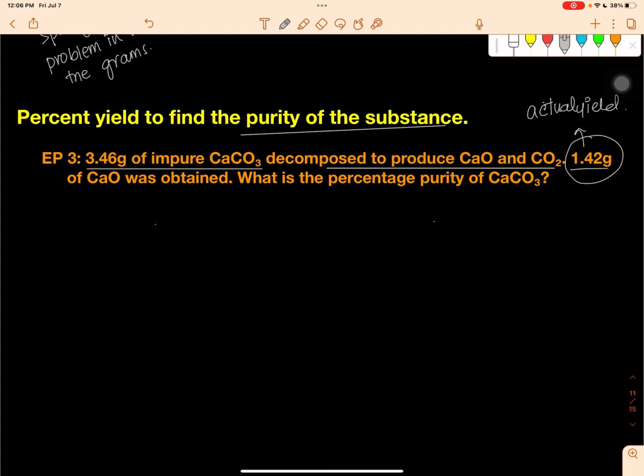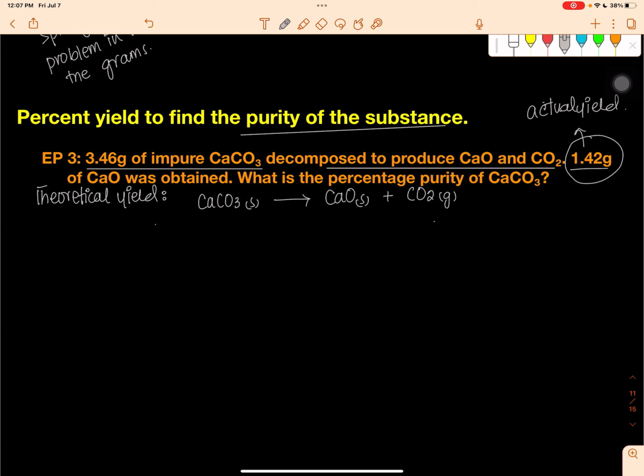And we need to first find out the theoretical yield in order to find out what percentage there was. For this we need a balanced chemical equation. Calcium carbonate solid, upon decomposition, produces calcium oxide solid plus carbon dioxide gas.